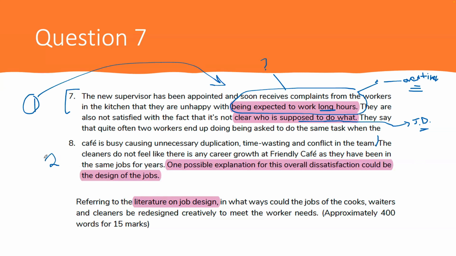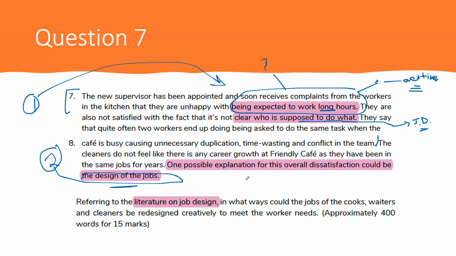Then the second part of it is about the cleaners not feeling there's career growth. One possible explanation for this is overall dissatisfaction about the design of jobs. So the second part is resolving this issue. And here I'm looking for something along the lines of job design, the theory of it.